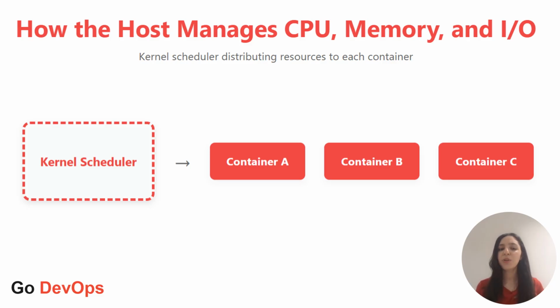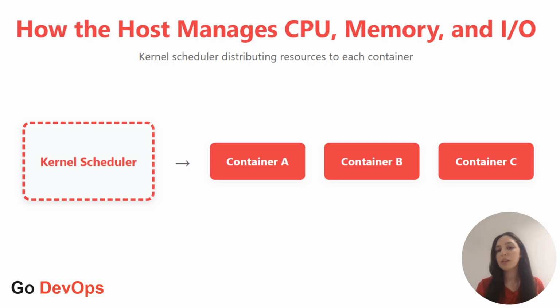The scheduler always respects the cgroups that were configured when the container was launched. That means if one container is limited to a certain amount of CPU and a certain amount of memory, the kernel enforces that restriction automatically. The result is, of course, balance and predictability.